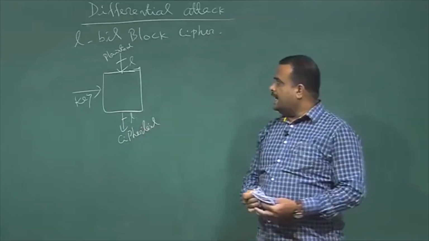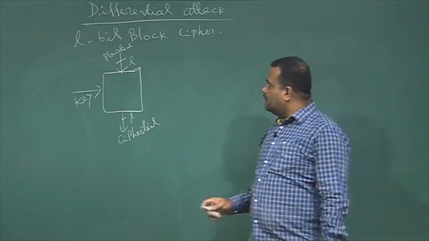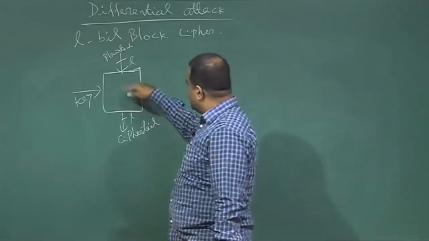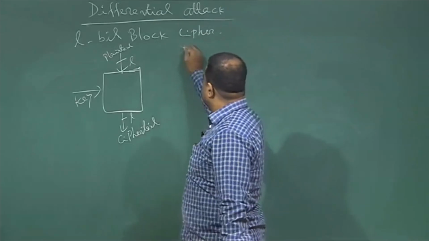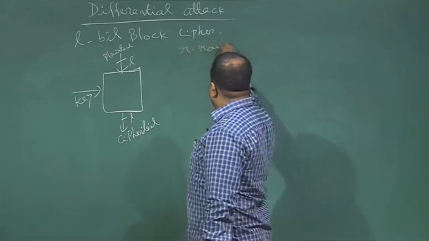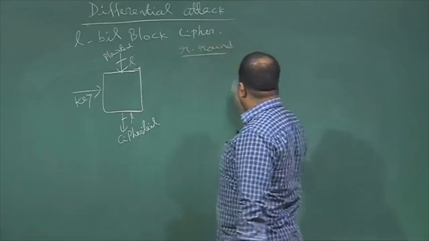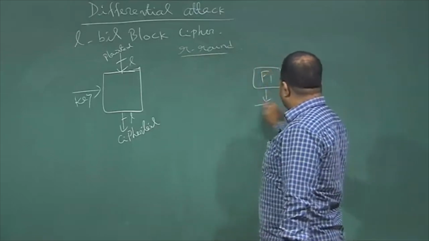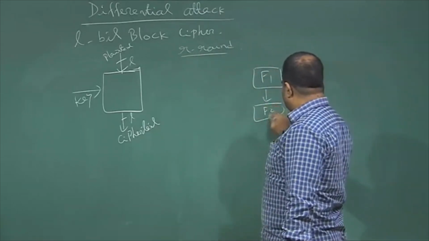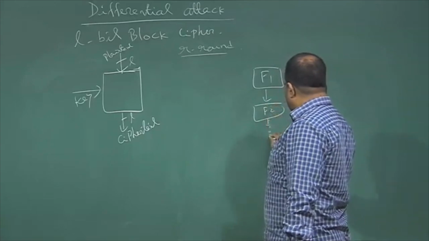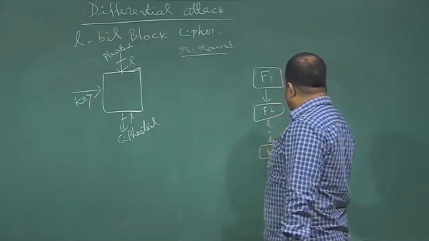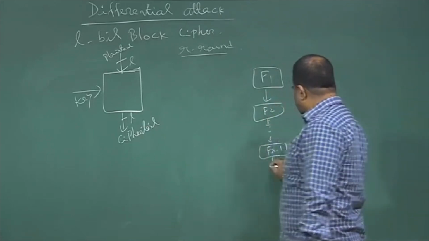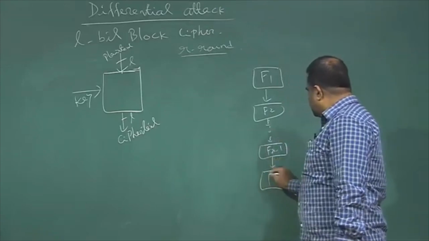So it is an L-bit block cipher. For R rounds, there are R many round functions. Suppose we have an R-round block cipher. R rounds means we have R round functions, f1, f2, up to fr minus 1, and the last round is fr.